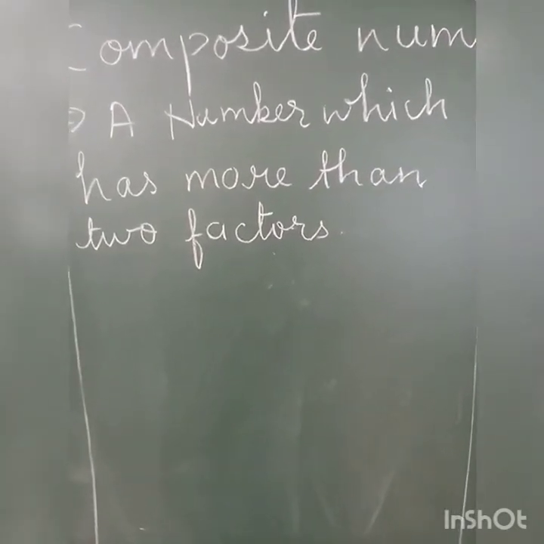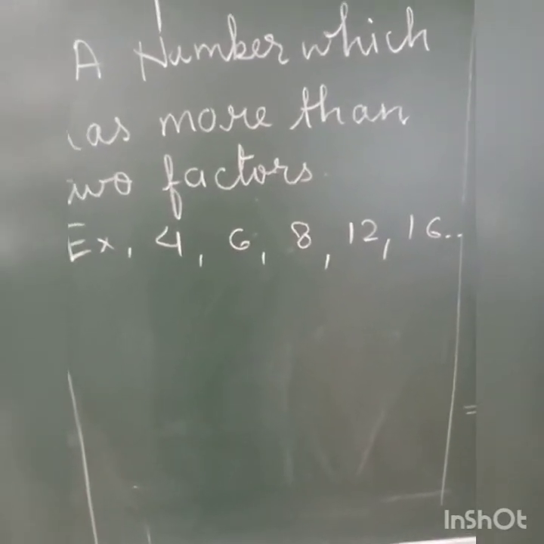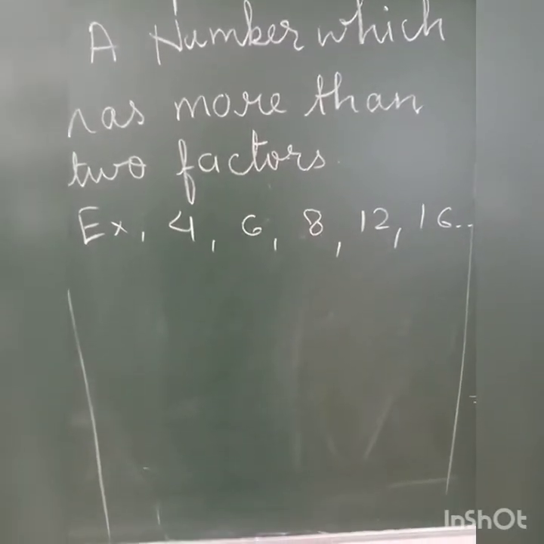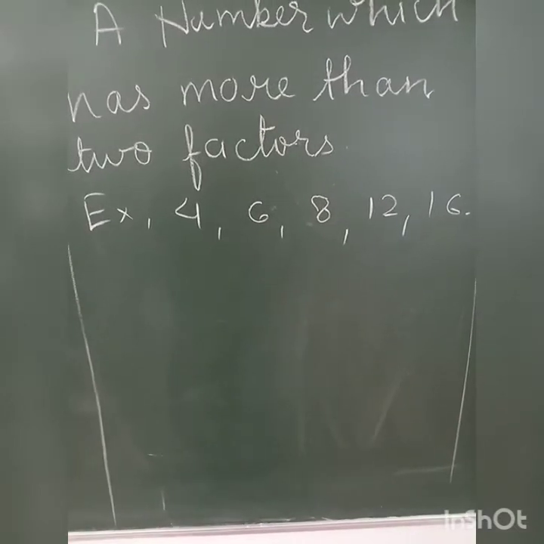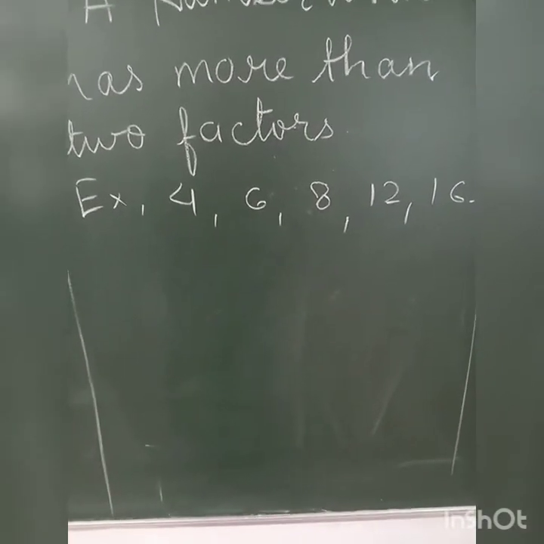For example, 4, 6, 8, 12, 16 and so on. Now again we have to find the factors of the given number to check whether it has only 2 factors or more than 2 factors.